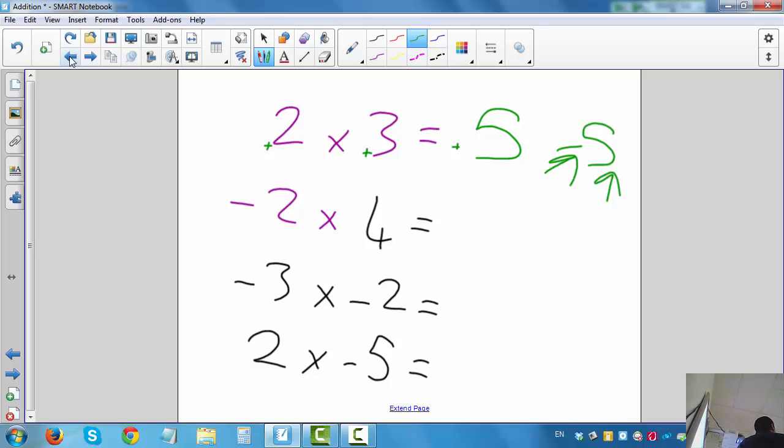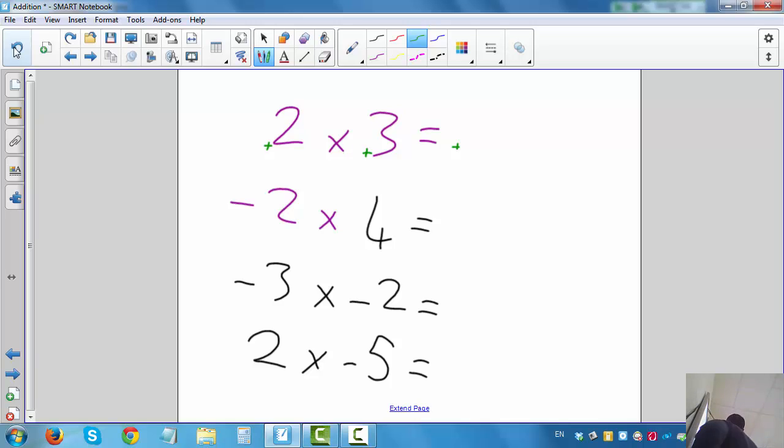Yes, you will get no point for that. But if you get the sign right, you will get half a point. If you get the number right as well, you will get the other half point. So it's important we deal with the signs first.